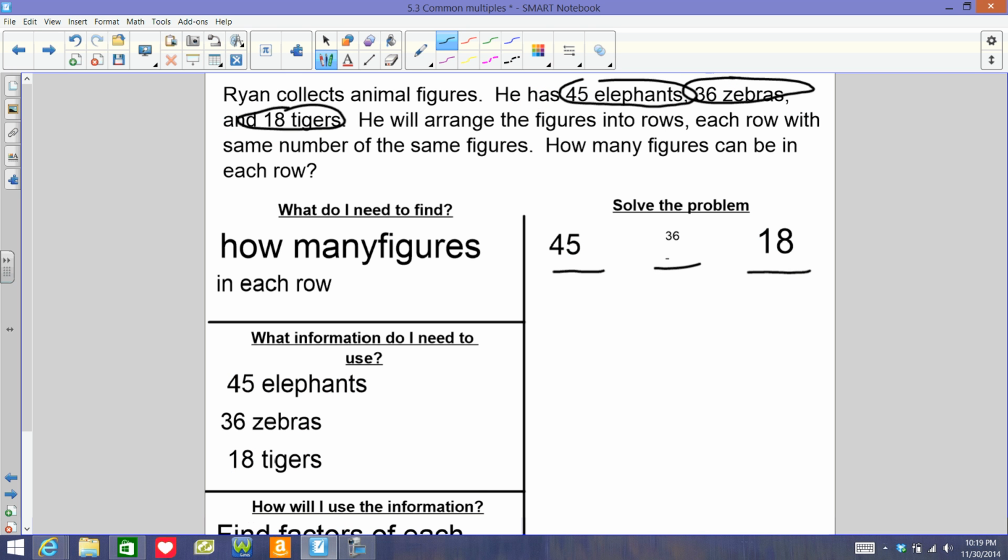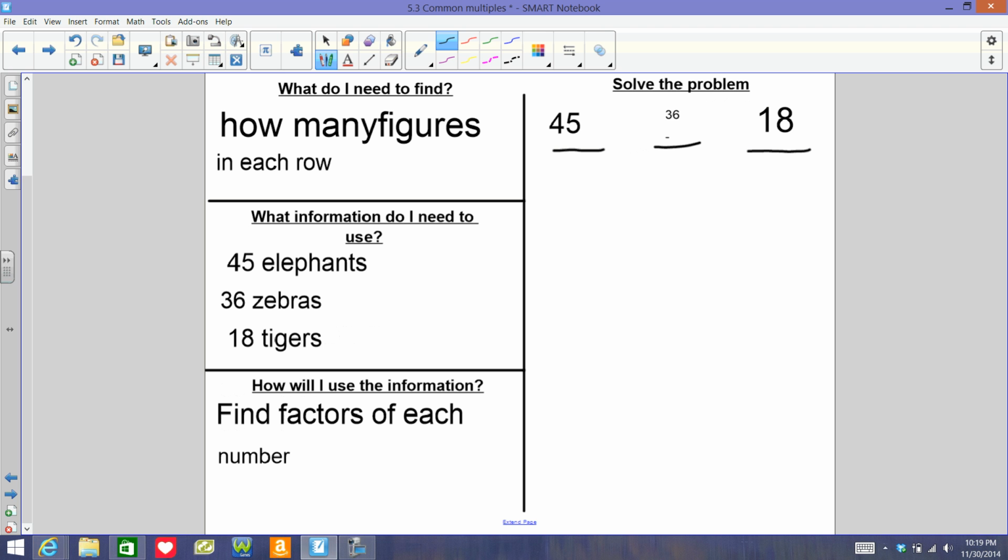All right, so I'm going to have 1: so 1 and 45, 1 and 36, 1 and 18. Okay, how about 2? Can 2 go into 45? Negative. 2 cannot go into 45 because it's not an even number.